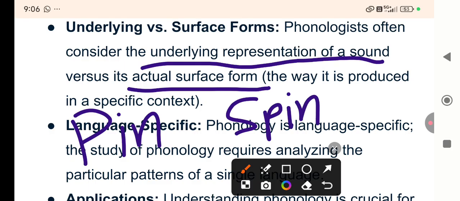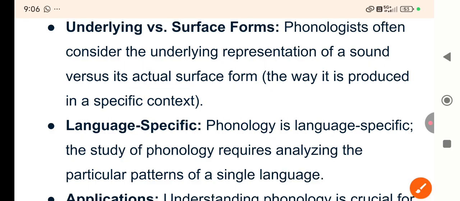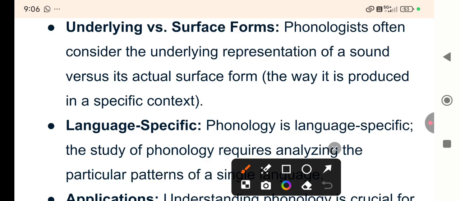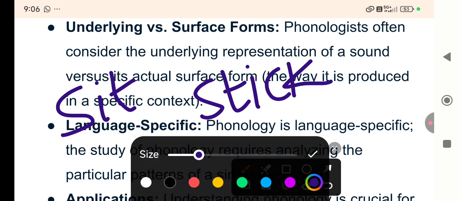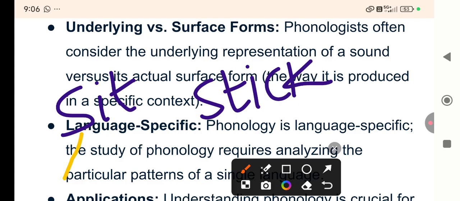Or another, because we have already taken that, suppose sit and stick, right? So here both in sit and stick the S is different.